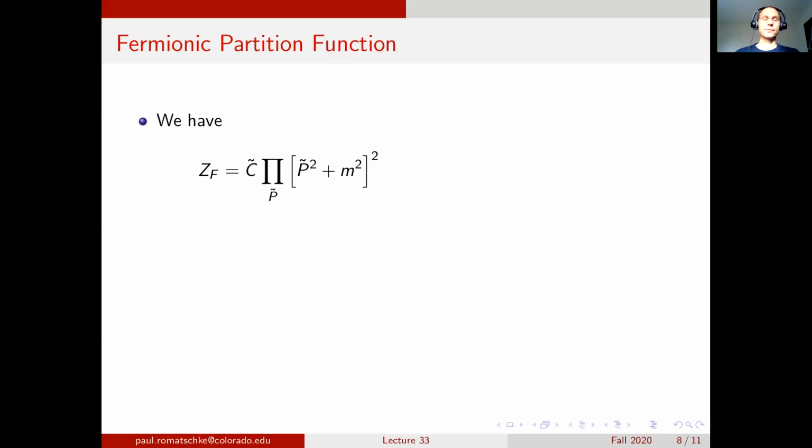So we find that the partition function for fermions is given as an overall constant times a product over the Euclidean momenta p tilde of p tilde squared plus m squared. So we can write this in terms of a product over the Matsubara frequencies, n from minus infinity to infinity, of the corresponding fermionic Matsubara frequencies squared, and the corresponding product over the usual wave vectors p.